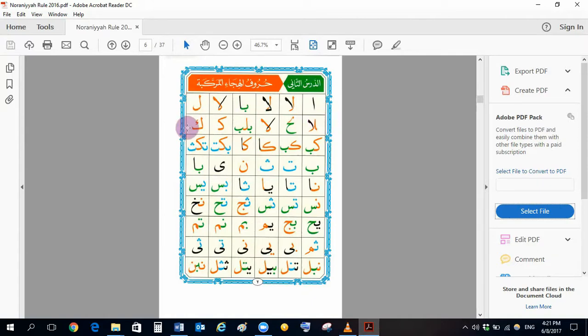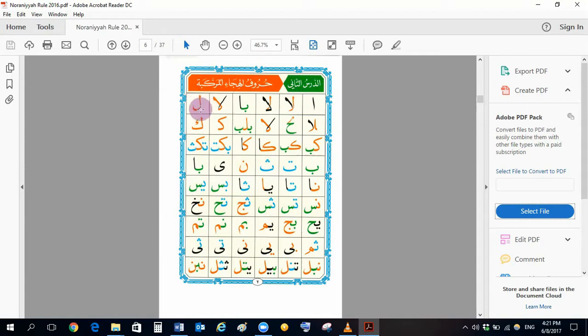So this is a technique the teacher should do when reaching this lesson, that he will let first the student try to say the letter without interfering. Like alif here, he would know that, but lam here, he will not. Probably he would say alif again. No. If he didn't know, don't say this is lam alif. Immediately jump to here and ask him, what is this? He would say lam.